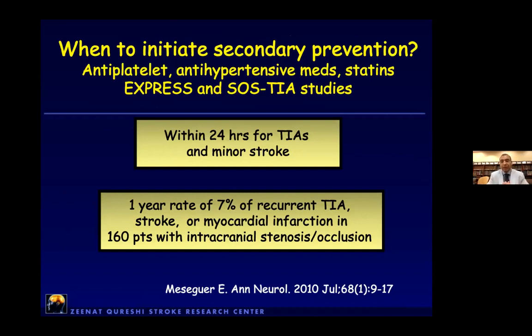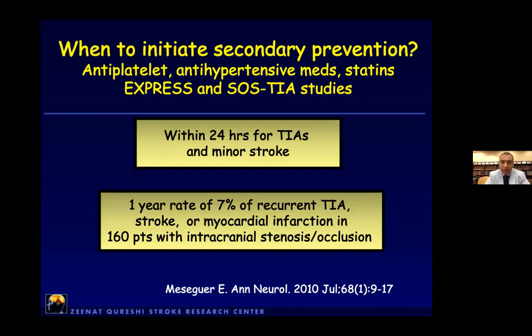So does early treatment help? This is a nested trial within the EXPRESS and SOS-TIA studies. It looked at patients within 24 hours of transient ischemic attack or minor ischemic stroke, and initiated antiplatelet medication, antihypertensive medication, and statin within the first 24 hours after the first ischemic event.